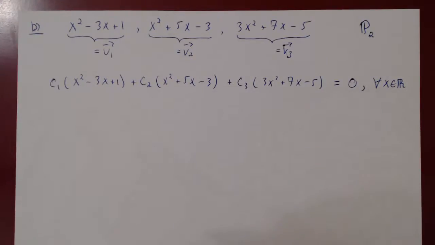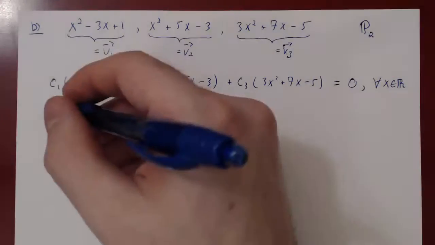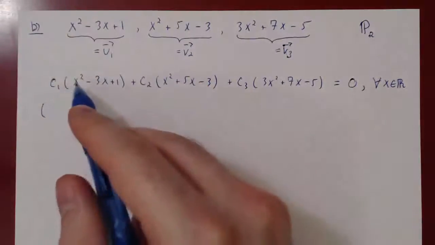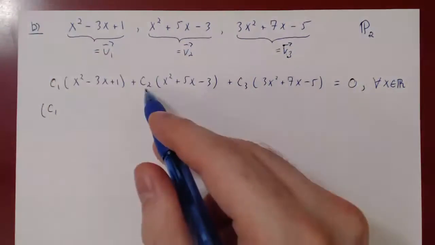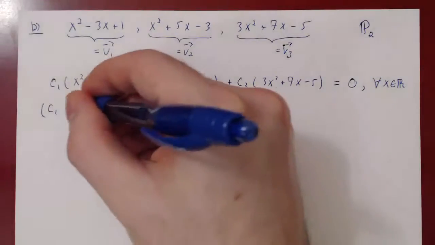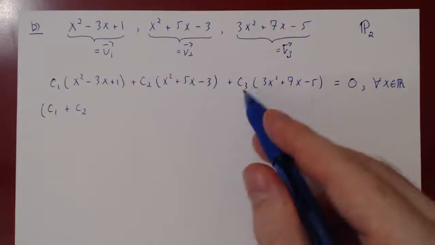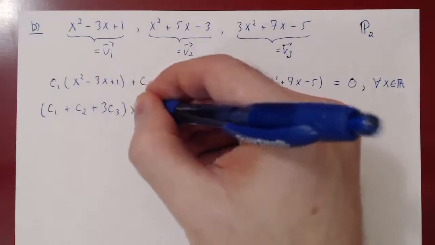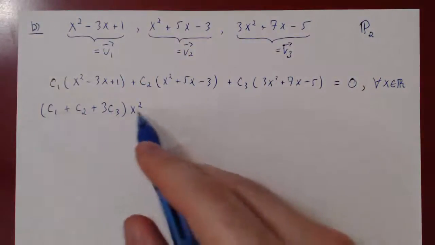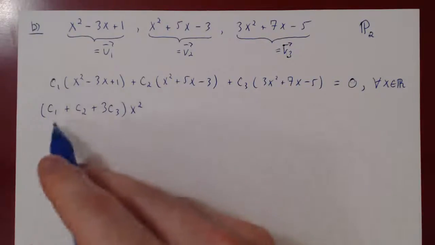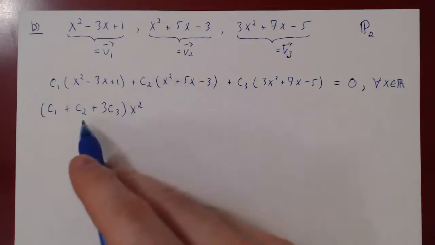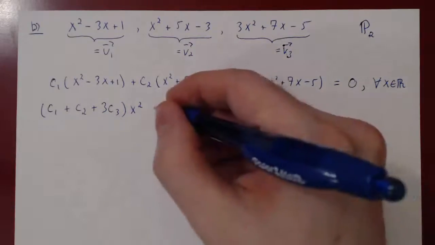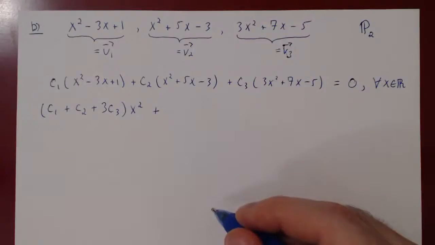The idea is to regroup similar powers of x. You'll have a quadratic term, c1 times x squared, plus c2 times x squared, plus 3c3 times x squared. So that is the coefficient of the x squared term. Plus, what about the multiple of x?